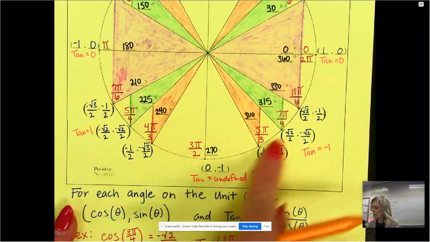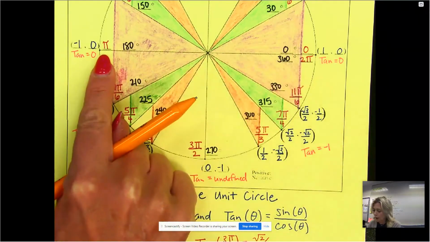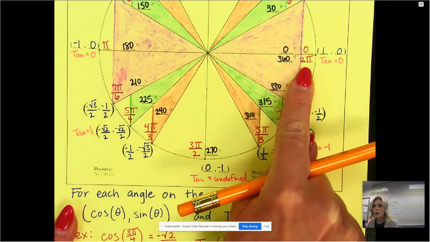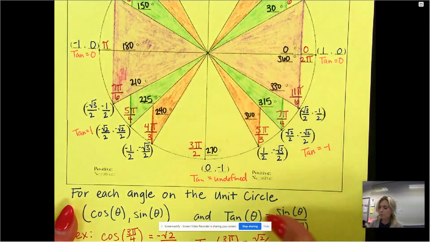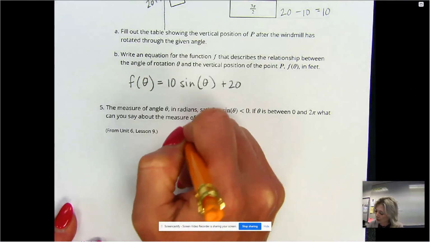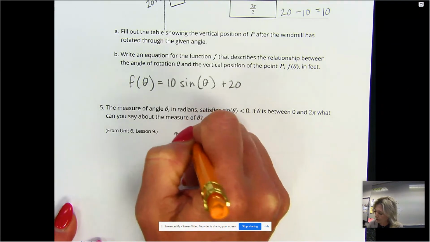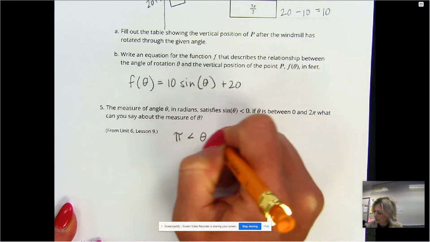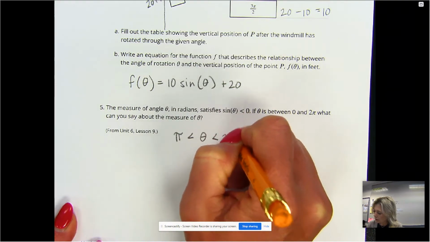So the angles that are down here are between pi and 2 pi. So theta has to be between pi and 2 pi. And the way that we write that is we say pi is less than theta is less than 2 pi.